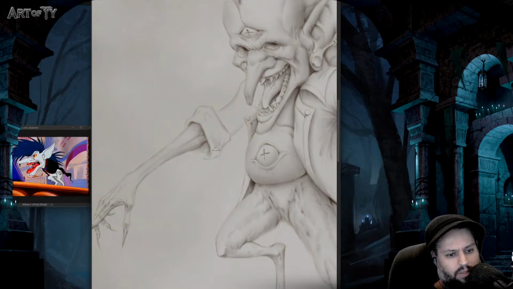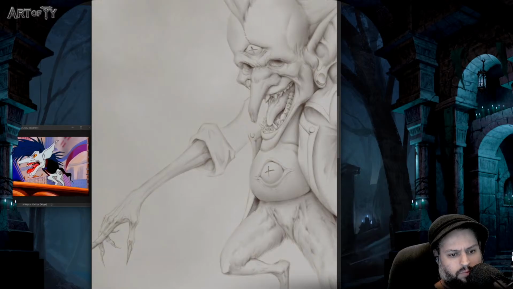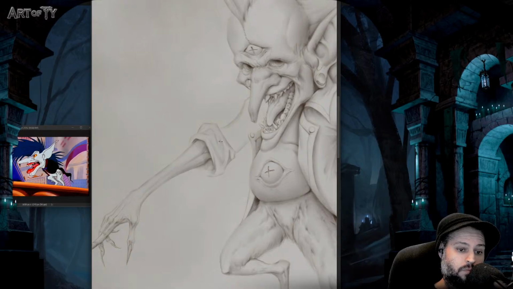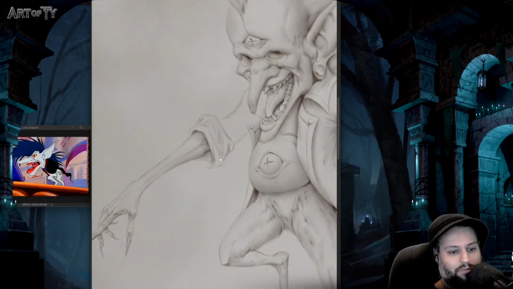Alright, now let's get into some of the sleeve stuff here. If you want to see somebody who designs clothing folds really well, just look at JC Leyendecker.